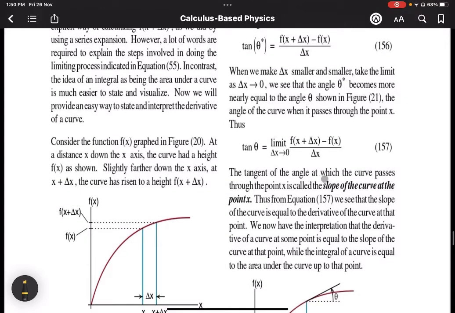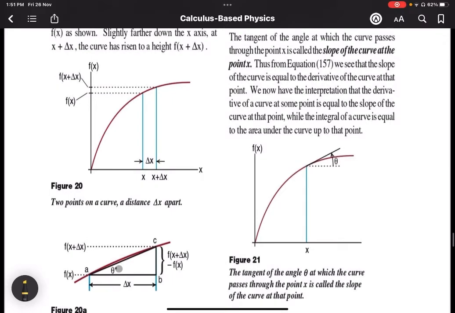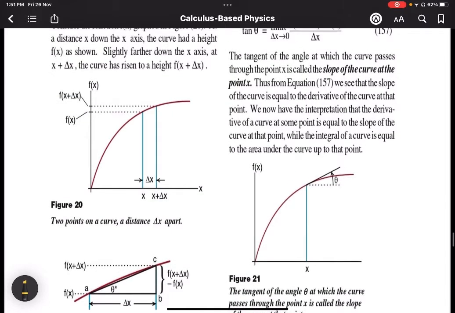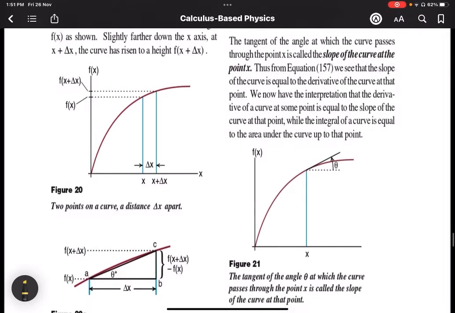The tangent of the angle at which the curve passes through the point x is called the slope of the curve at the point x. Okay? So, ito daw yung tangent. Nasan si point x? Ito.